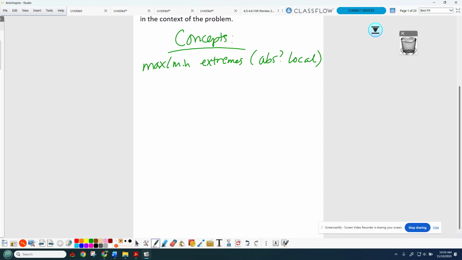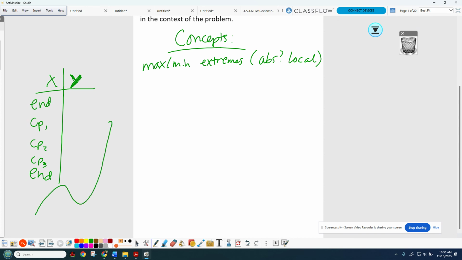If I ask you for the absolutes, you need to check the endpoints as well, because perhaps the all-time maximum happened at an endpoint, or maybe the other endpoint wasn't included and there is no absolute minimum.